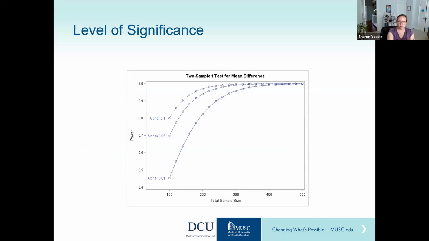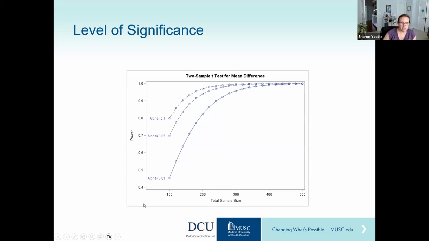So we already talked a little bit about the level of significance. Now we're moving into the power. So I want you to see how those two things play into each other. So the level of significance, I told you, as the alpha level decreases, you're requiring more and more information to convince you that your belief in the null is no longer appropriate.